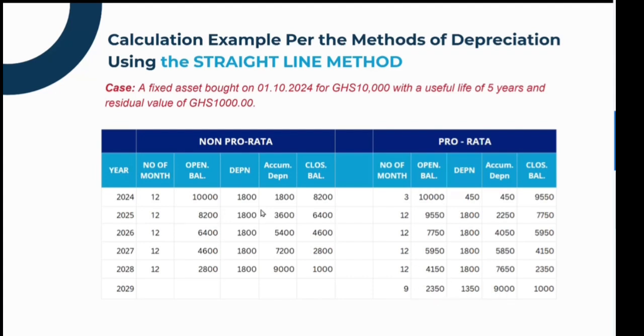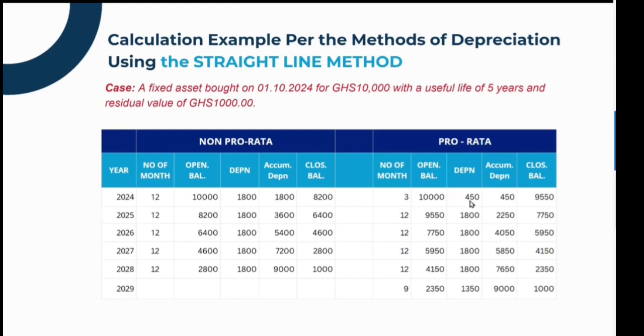And as I said earlier, if it is straight line method, the depreciation is going to run through the same amount from year 1 to the last year. Once it is prorated, you will see that in the first year, you can't charge the full depreciation. So we can only charge 450, which is the rate, which is the amount of 10,000 divided by the 5 years, but this time times 3 over 12.